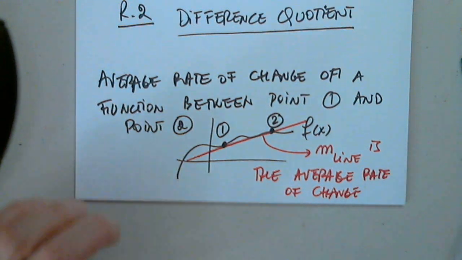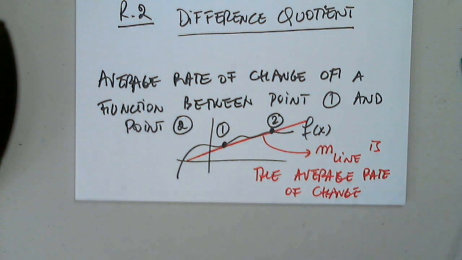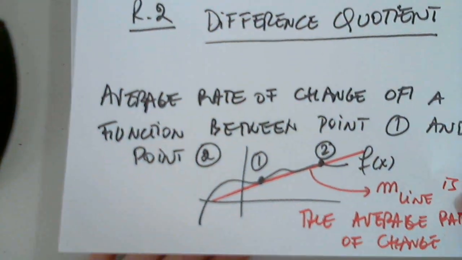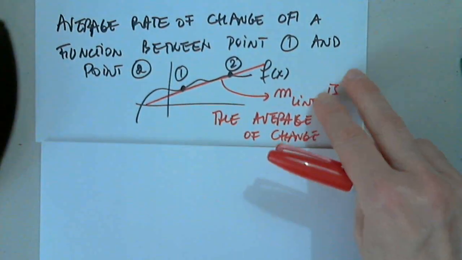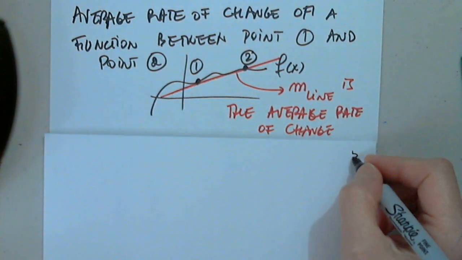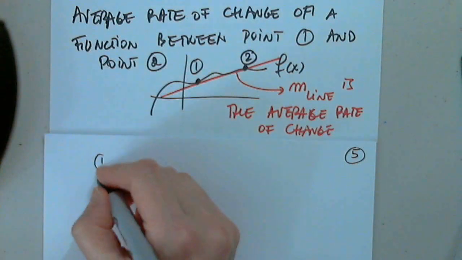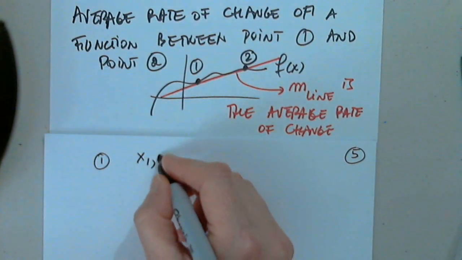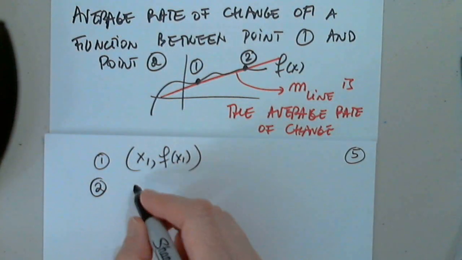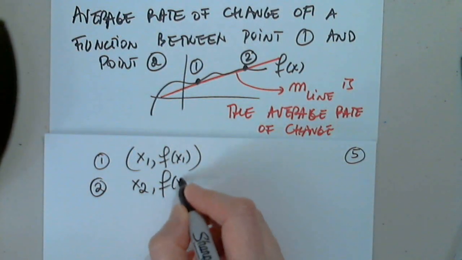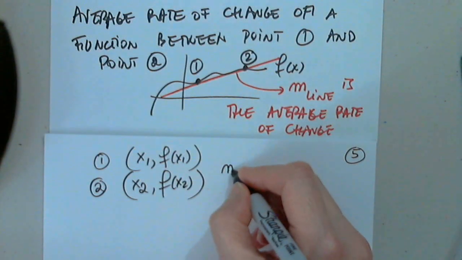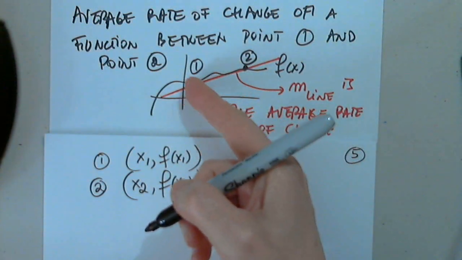This is nothing new. You've done this many times before, I'm sure. But how do I determine the slope? Can anyone refresh our memory if we have 2 points? If I have point 1, let's say x1 comma f of x1, and point 2, which is x2 comma f of x2, how do I find the slope of the line passing through these points?